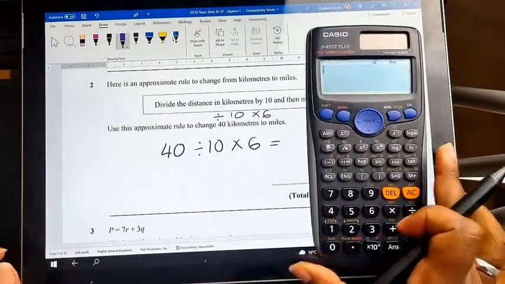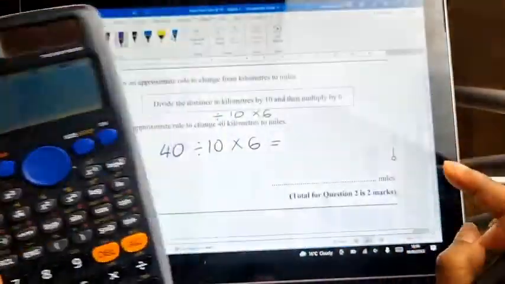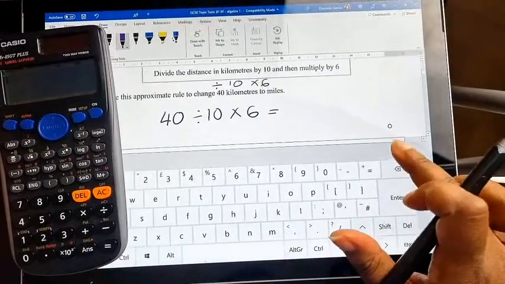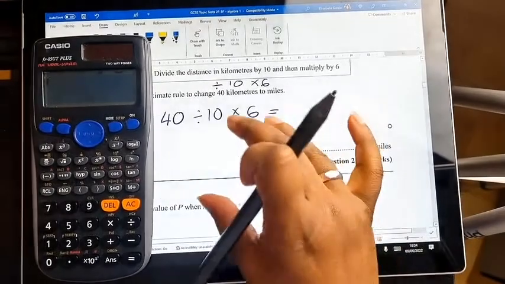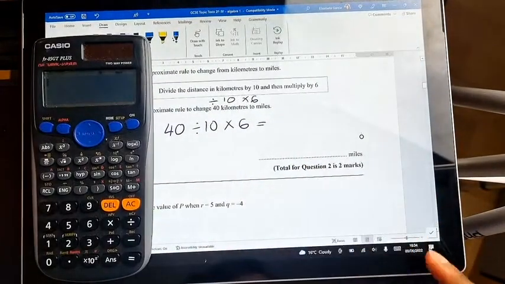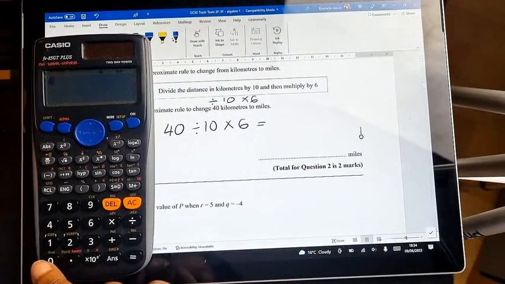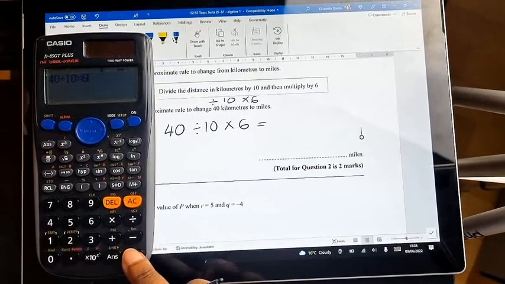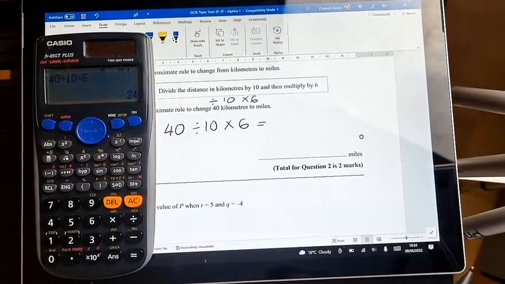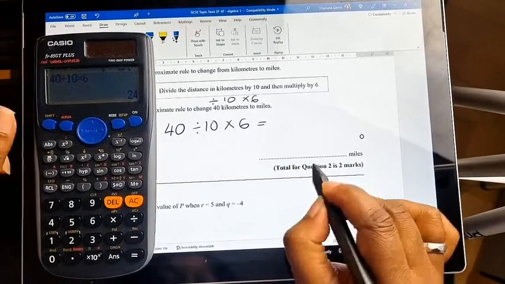So remember, the trick here, what we're doing every time is trying to get as many marks as we possibly can. So we're using the calculator for these questions. Okay, so type on the calculator 40 divided by 10 times 6. Because the calculator already has BIDMAS, you get your answer. Okay, 24 miles.